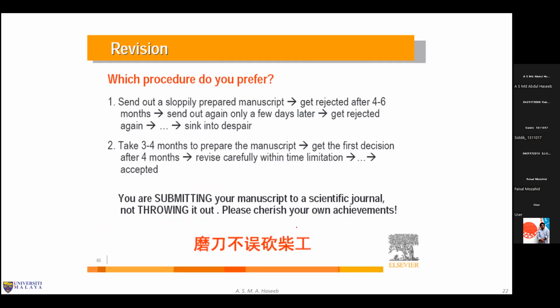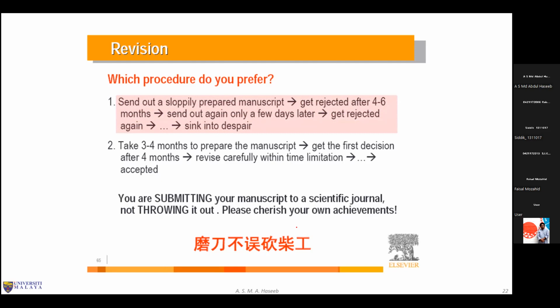Now, you can do your submission in two ways. In the first way, you prepare your manuscript without much care. You just do it in a hurry, in a sloppy manner. Then when you submit it, it goes to the editor, does the review, if you're lucky, and then it gets rejected. Maybe it takes about 4 to 6 months.